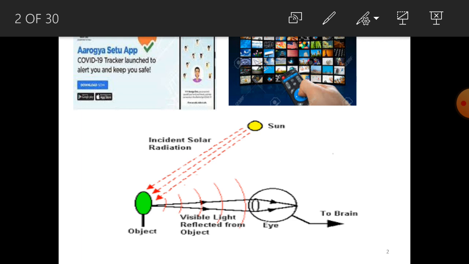That is, when light falls on an object, some radiations of the source get absorbed and some get reflected back.